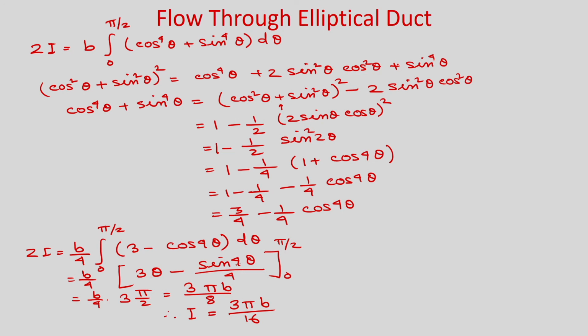So, now if we put this value in the expression of volumetric flow rate, then we can find the volumetric flow rate inside the elliptical duct. Q will be 4 u max twice a by 3, and that integral we have evaluated as 3 pi b by 16. Okay.